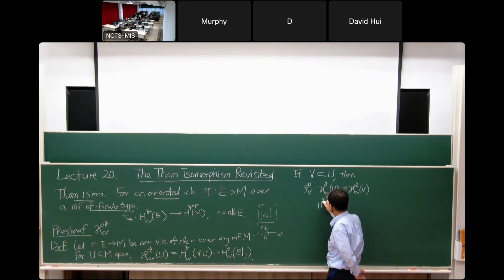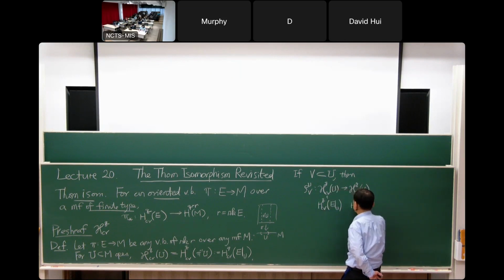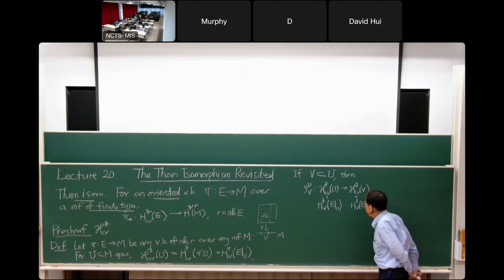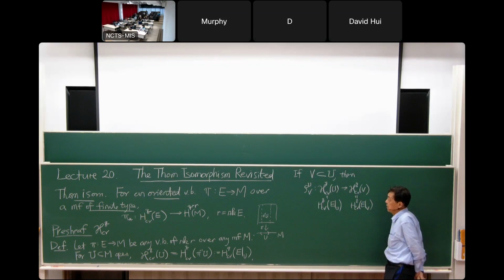So this is the cohomology with compact vertical support of E restricted to U, and you just restrict it to the cohomology with compact vertical support of E restricted to V, okay?